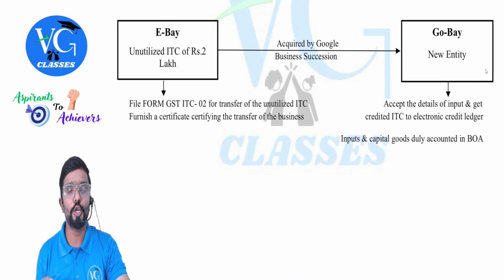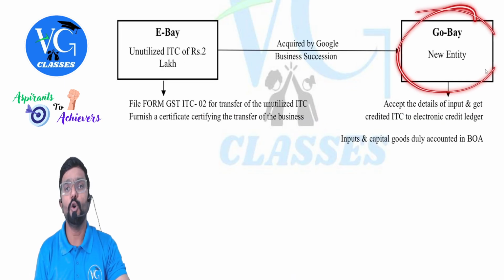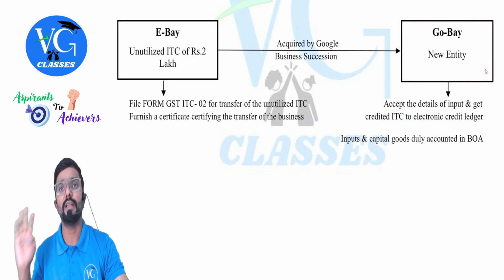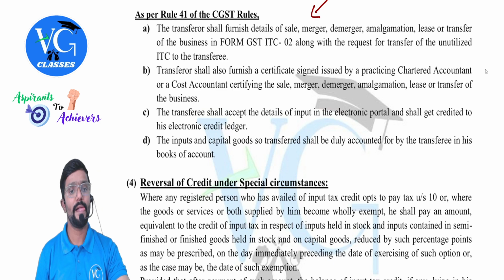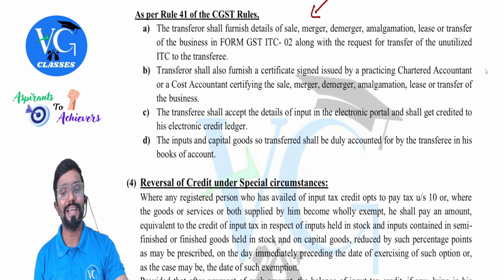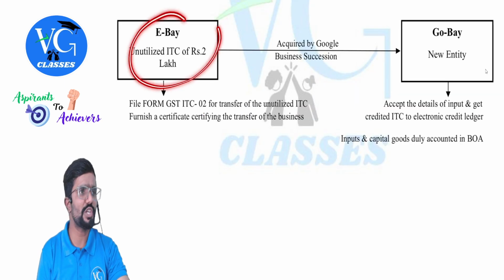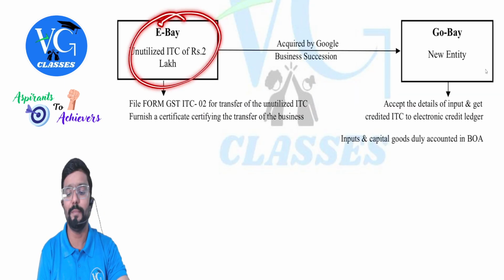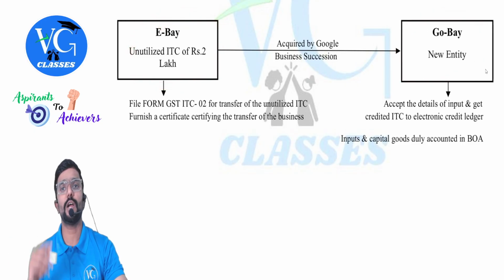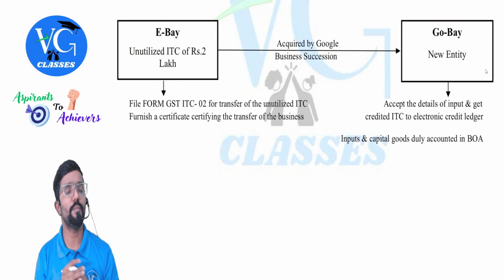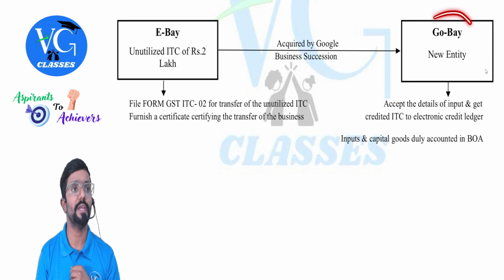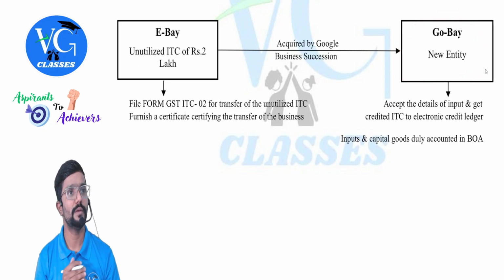So 2 lakh will automatically get credited to Gobe's electronic credit ledger. The inputs and capital goods so transferred shall be duly accounted for by the transferee in his books of accounts. So whatever has been transferred, the stock, capital goods, everything from eBay to Gobe, has to be recorded in the books of accounts of the transferee, who is Gobe.